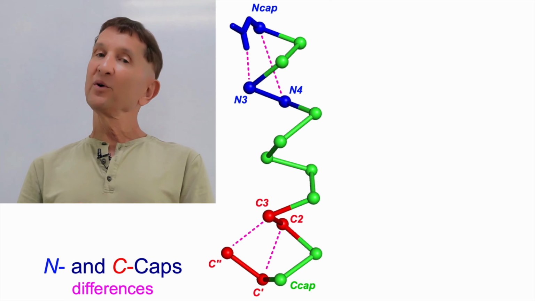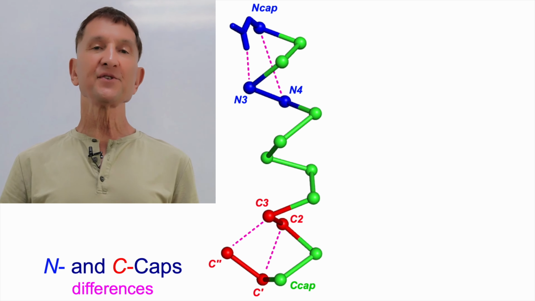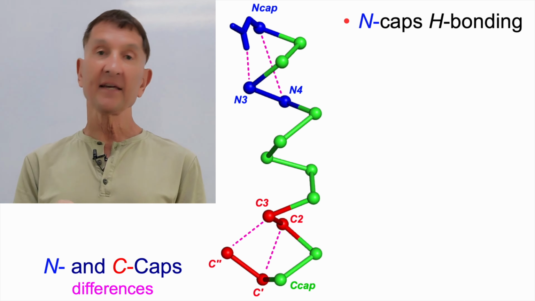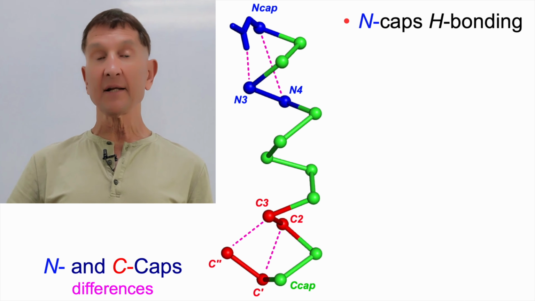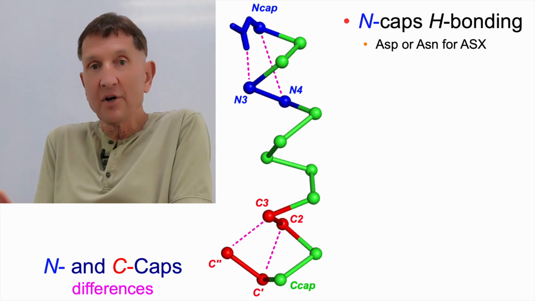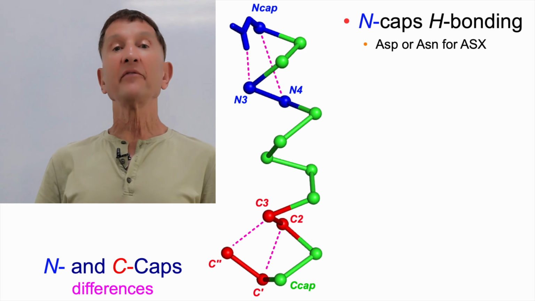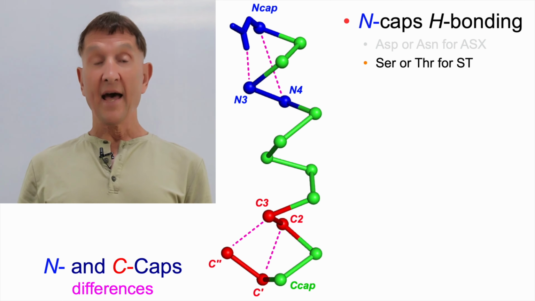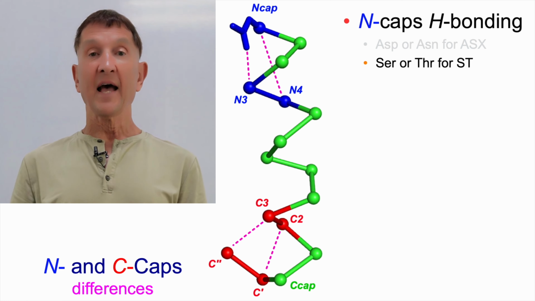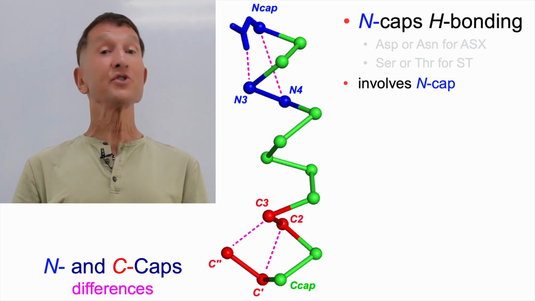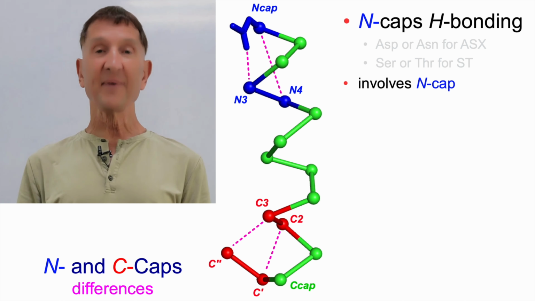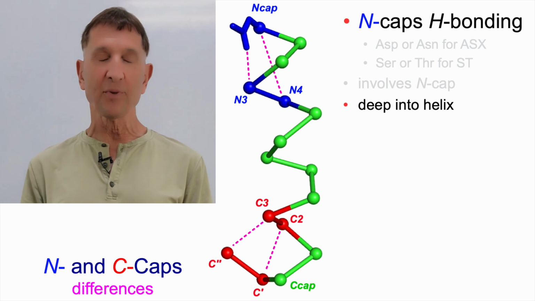Would that bioinformatic approach lead us to similar capping at the N-terminal motif? It wasn't obvious that it would, because the N-terminus and the C-terminus of a peptide are different. And N-caps, as in ASX and ST motifs, and C-caps, as in Schellman loops, are not the same either. They have different hydrogen bonding patterns.